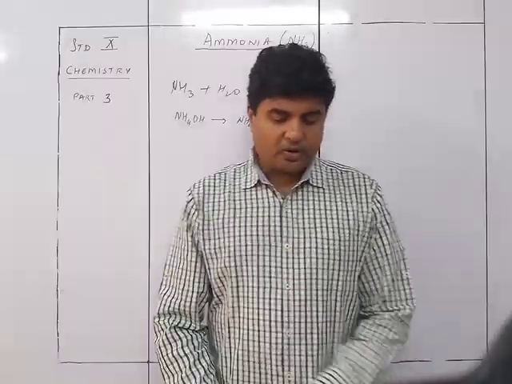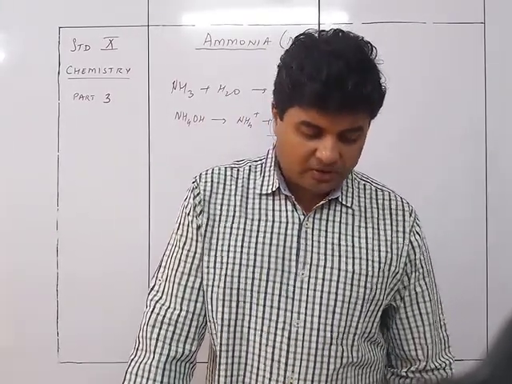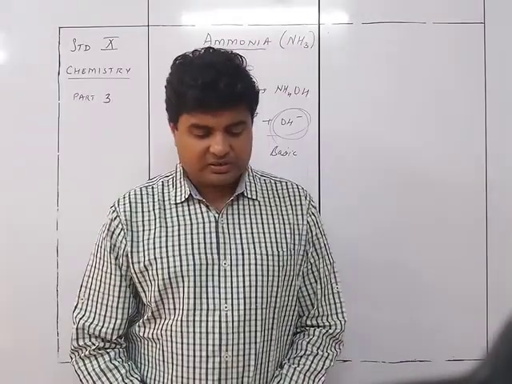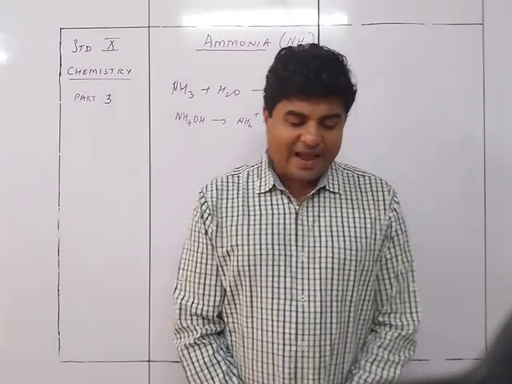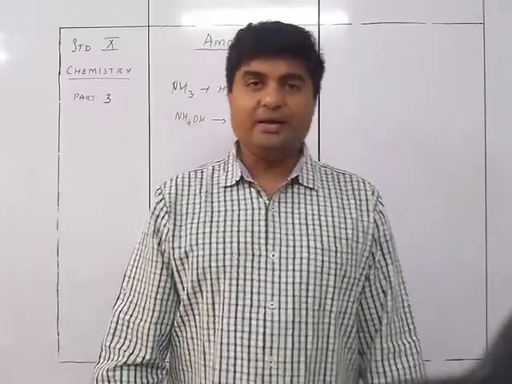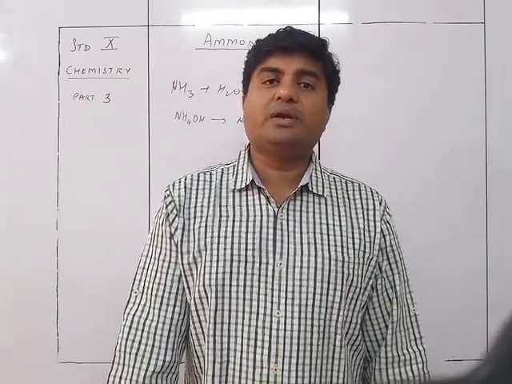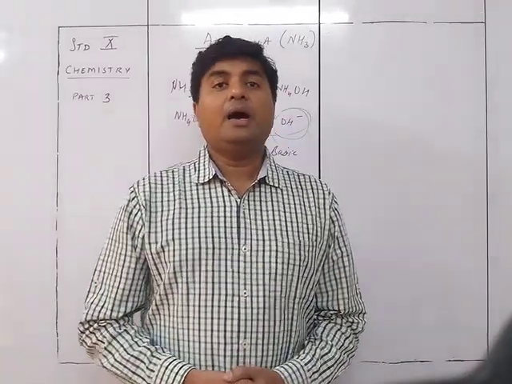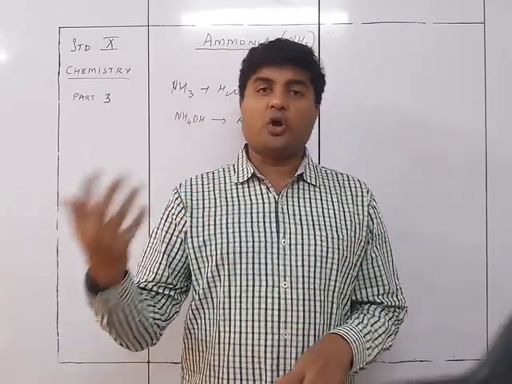So this was ammonia gas. Now we talk about the ammonium salts. Ammonia in gaseous form, and the aqueous solution NH4OH, neutralizes acids forming the respective ammonium salt. Ammonia plus acid gives ammonium salt, or ammonium hydroxide with acid, as acid plus base gives salt plus water.